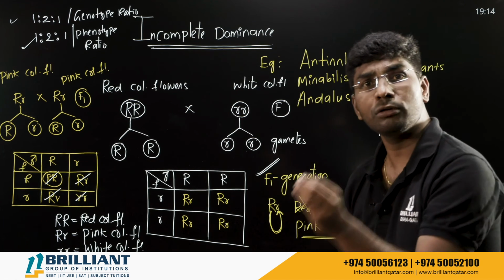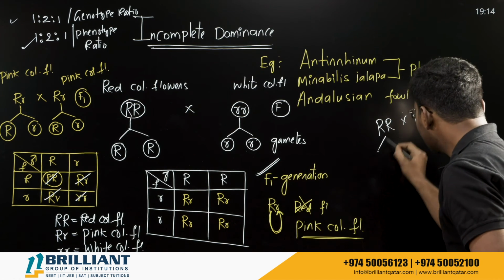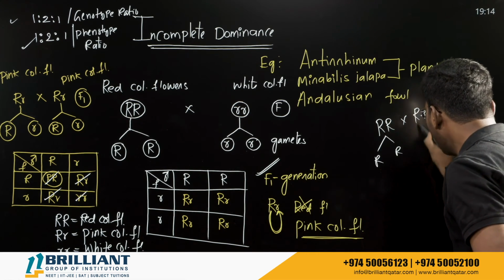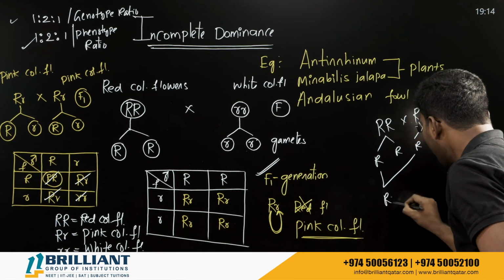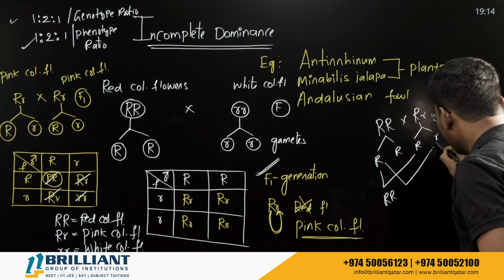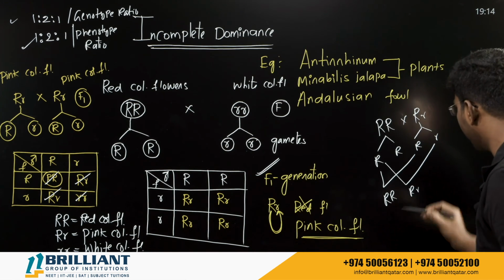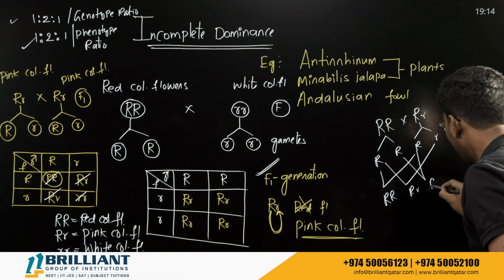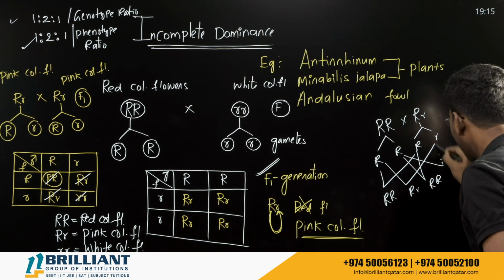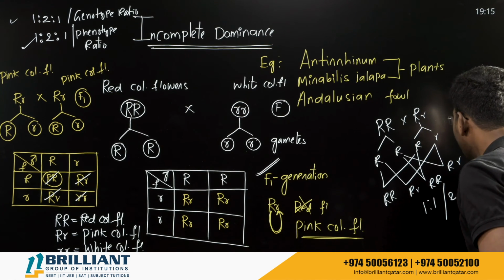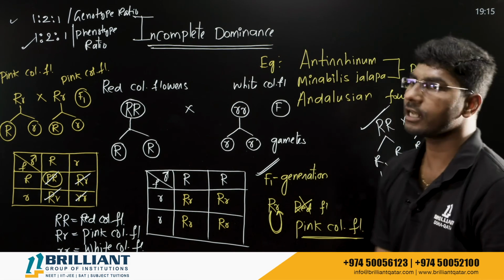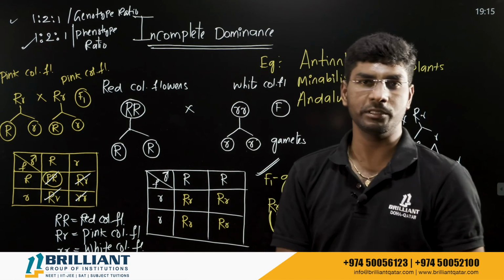Here it is capital R, capital R, red color, and capital R, small r, pink color. That means 1:1 or 2:2. This type of questions are asked in NEET like competitive purpose.